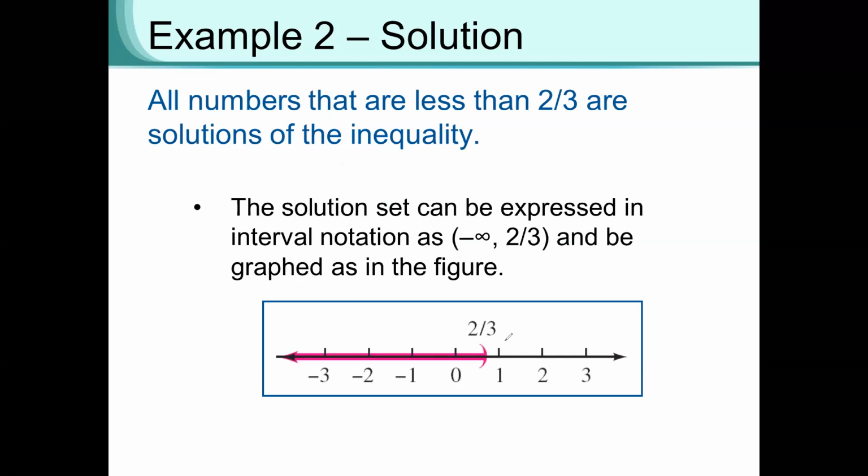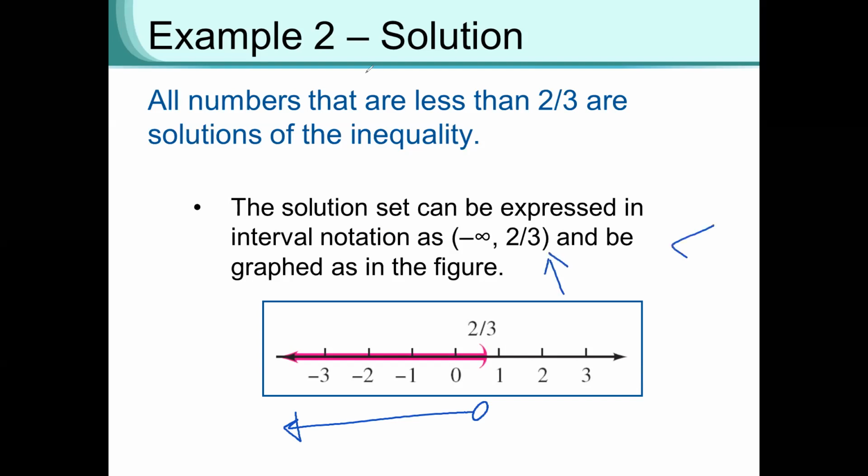And then what do we do? We come over here and say all numbers less than 2 over 3 are the answer. So at 2 over 3, we put parentheses, which means it's not included, or you can put an open circle, depending on what the problem is giving you. Because it does not contain 2 over 3, you use these parentheses, okay?